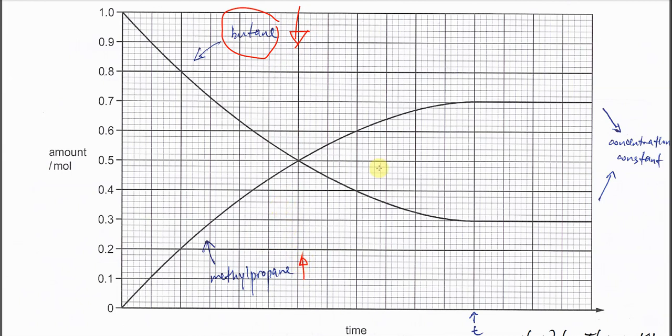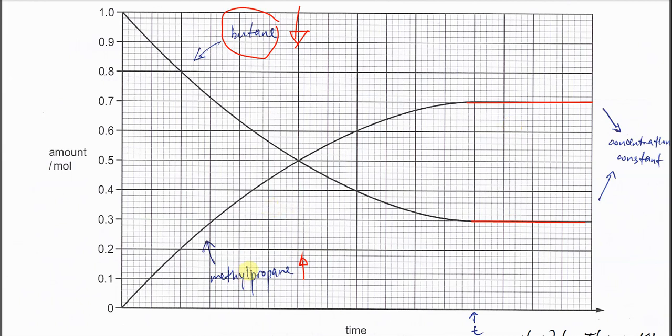And after that, they will reach a constant concentration, which means equilibrium will be established after this point. These two concentrations are the constant concentrations for both reactants and products at equilibrium. When it reaches this concentration, the equilibrium is already formed.